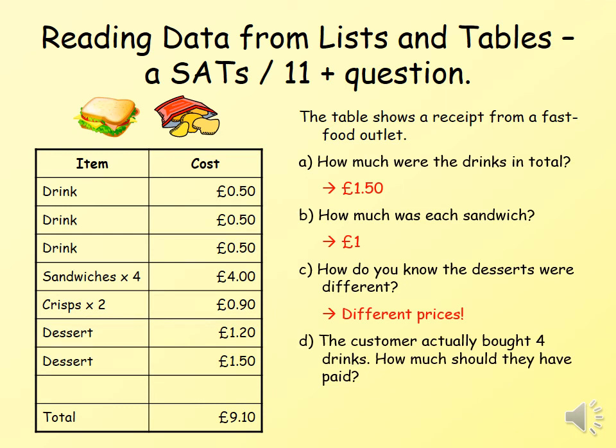And the final, another question that you could be asked, the customer actually bought 4 drinks. How much should they now have paid? So it's the total that we're interested in. So they actually bought 4 drinks. So what is the total? Okay, hope you wrote something down.